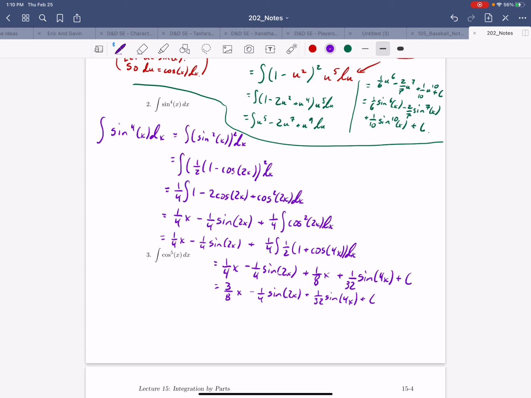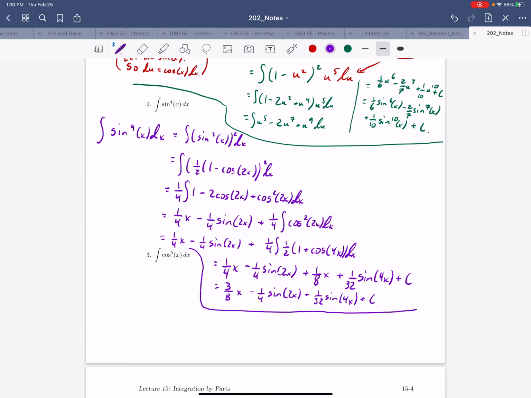Okay, remember we're combining like terms here and only like terms. There's no way to nicely combine sine of 2x and sine of 4x. I mean, maybe you could try, but no, don't do it. Okay, do not simplify that. Okay, awesome. That's how we do that problem.